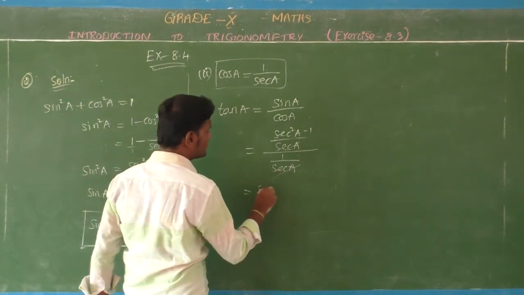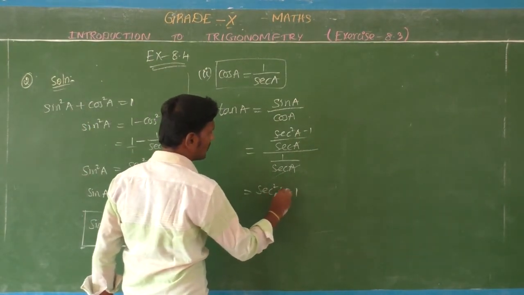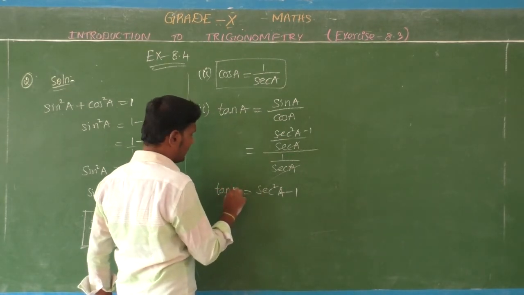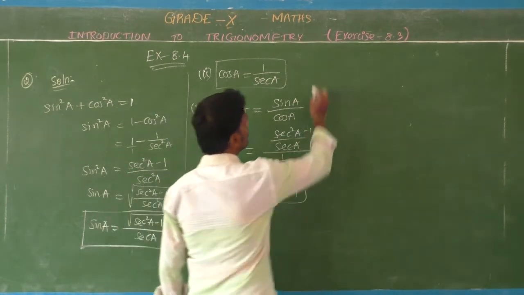Now your final answer is the square root of secant square A minus 1. This is the value of tan A.